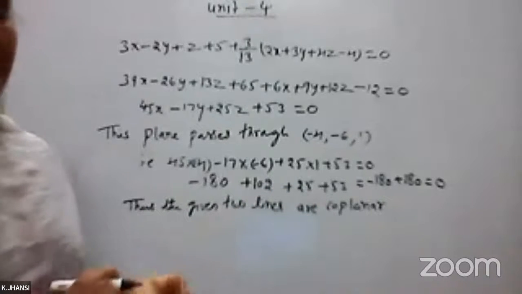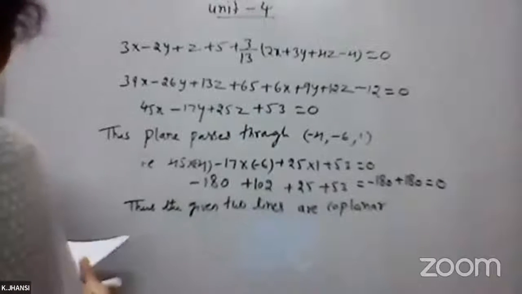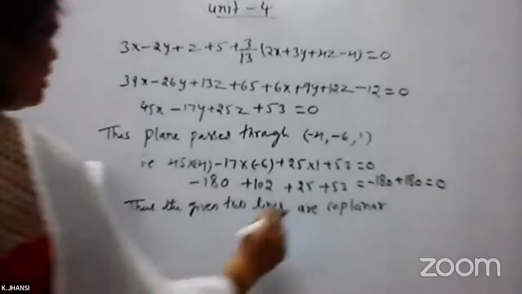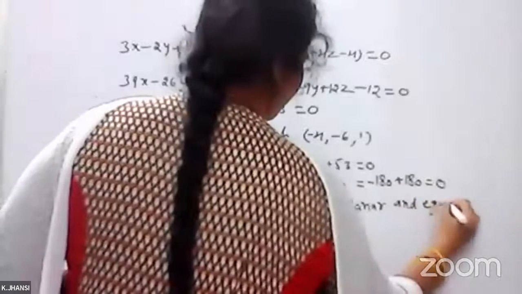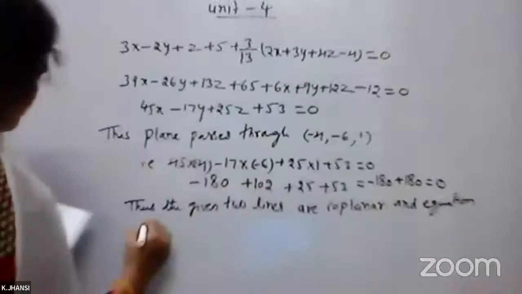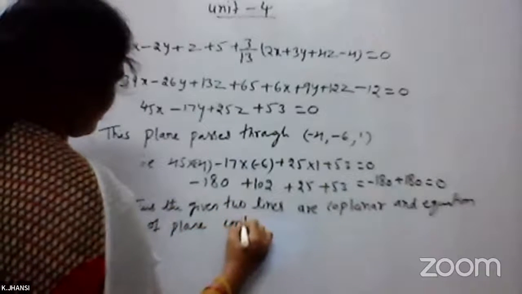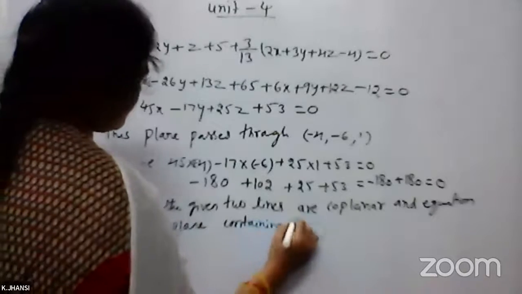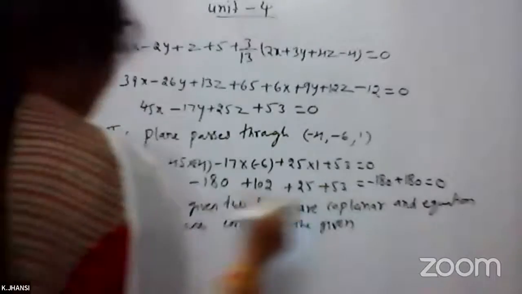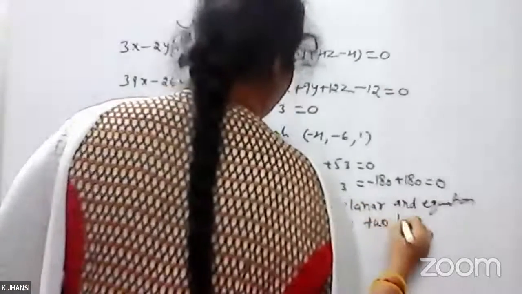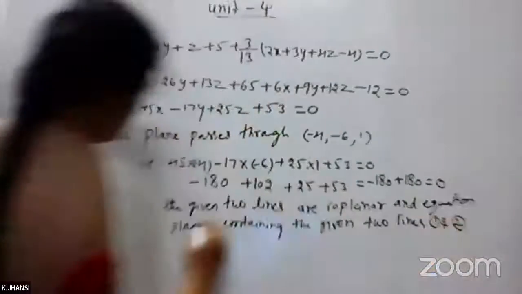Now we have to find the point of intersection. Okay. So for finding the point of intersection, you write: coplanar and the equation of the plane containing the given two lines 1 and 2 is, okay.